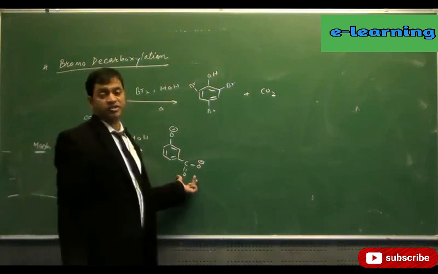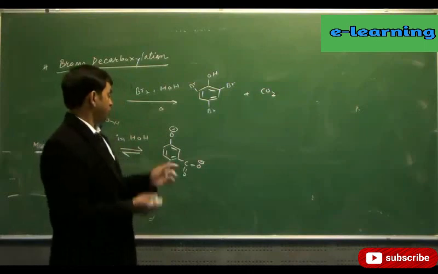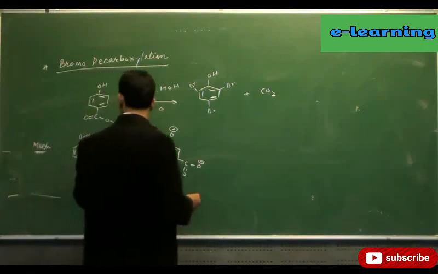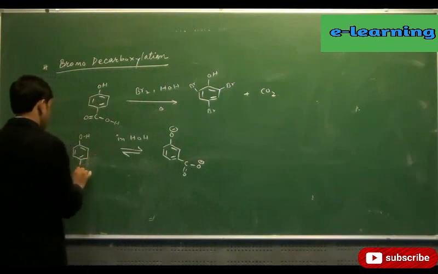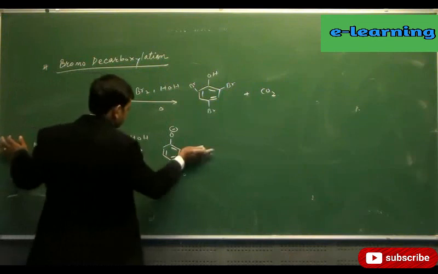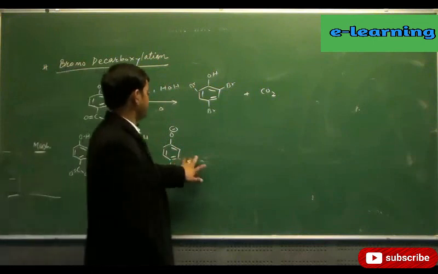It has plus I, it is strong plus M, plus I. Therefore its nucleophilicity is more. The COOH is at the para position. So it dissociates into corresponding ions. Next, bromination takes place.